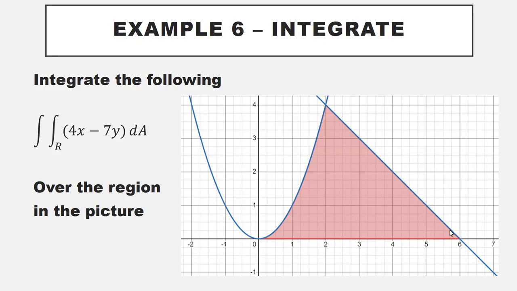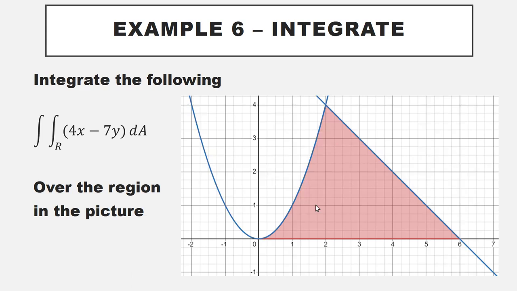So you could come up with that line in a number of different ways. So you could break this region up into two component parts, the one from 0 to 2, and then the other one goes from 2 to 6, and we're under the line. So if I wanted to do it that way, I could do it that way.